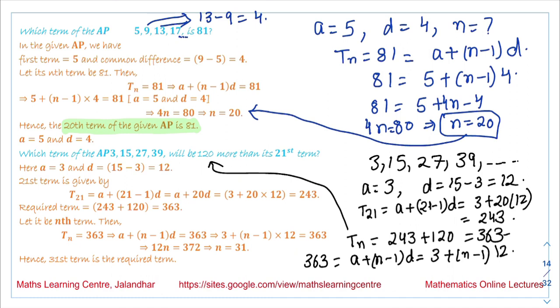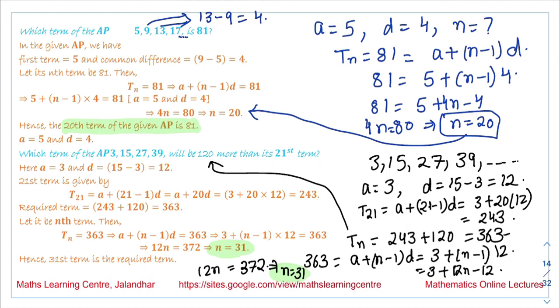When you open this bracket, it is 3 plus 12n minus 12, so we get 12n is equal to 372. So the value of n that you will get is 31. So the 31st term is the term which is 120 more than the 21st term.